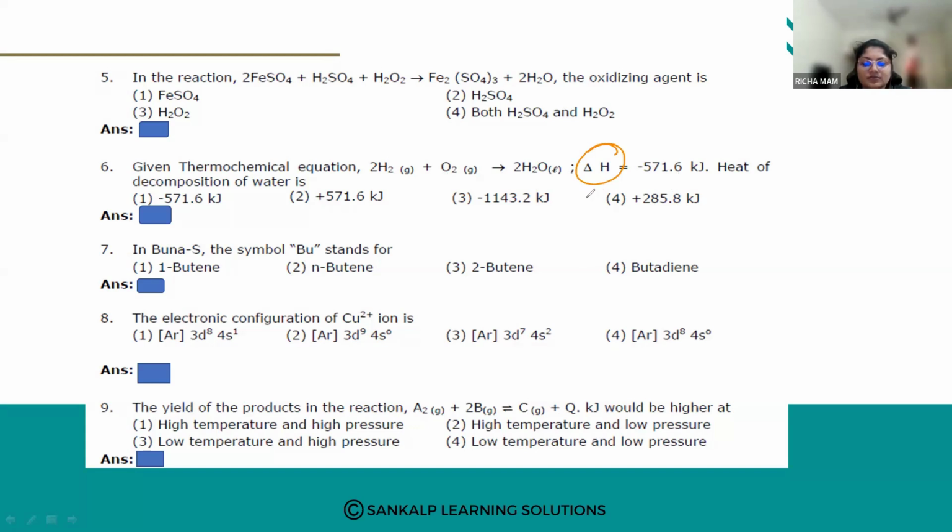You have to tell the energy required. The energy exchanged between the system and the surroundings is represented by delta H, the enthalpy change.